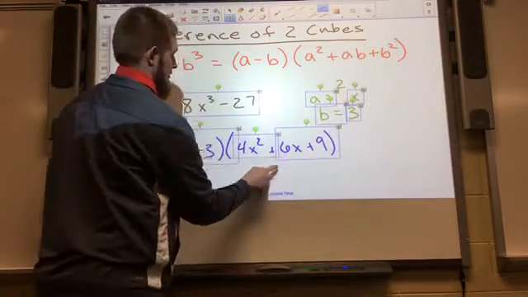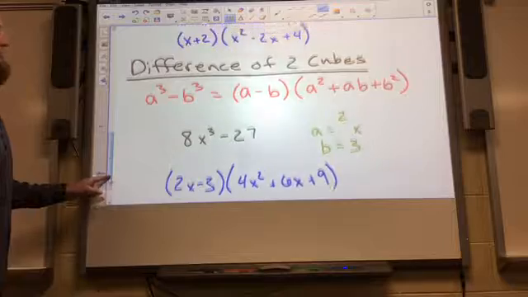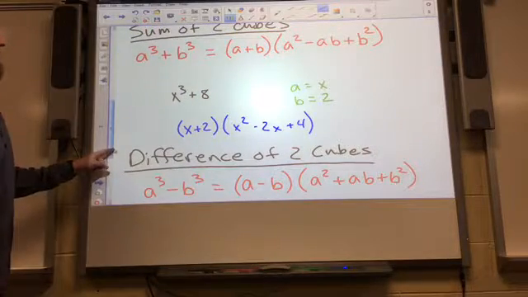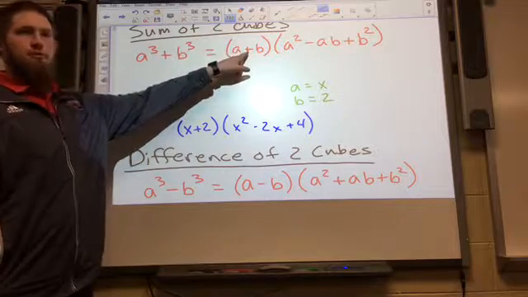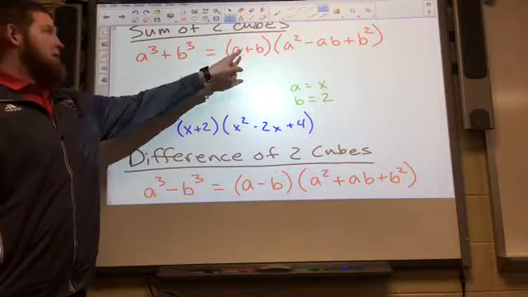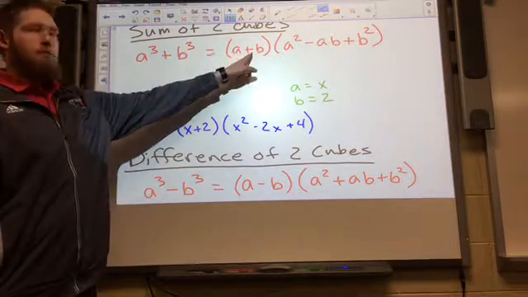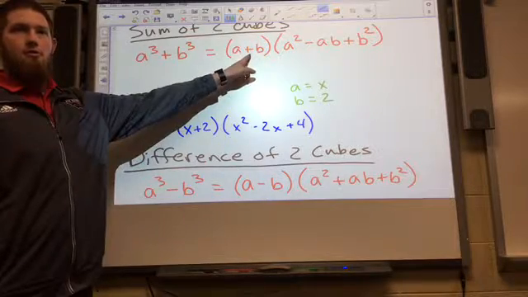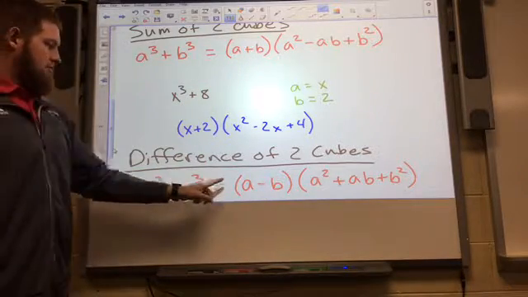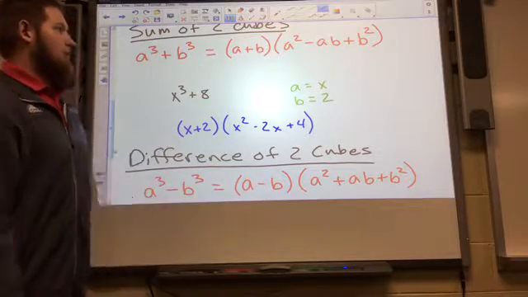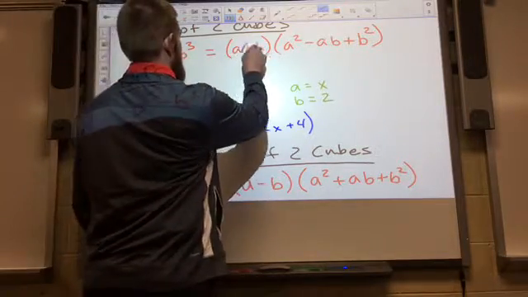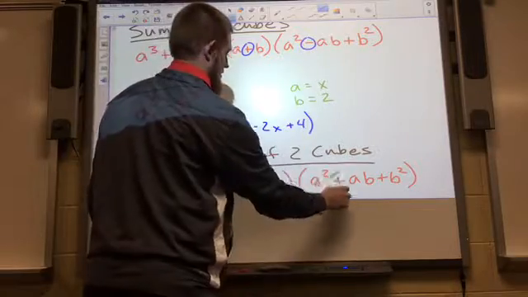Okay, so now let's take a look at these. When I do the sum, what do you notice about the first factor? It's plus. So if this is plus, that's plus. If this is minus, that's minus. These are the only two signs that ever change in each one, right?